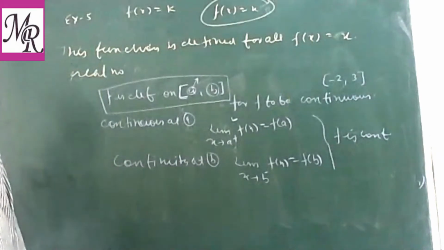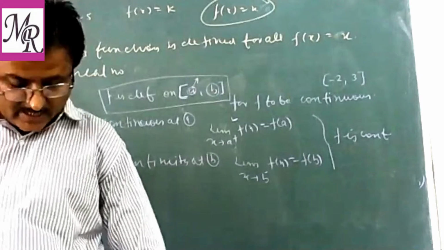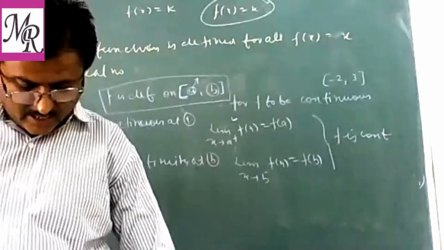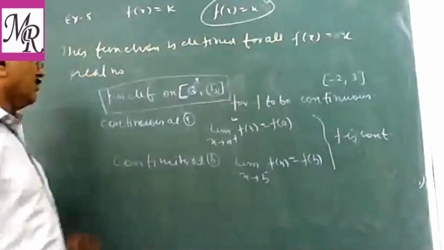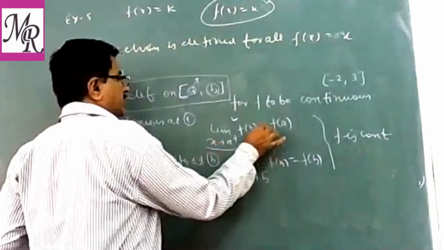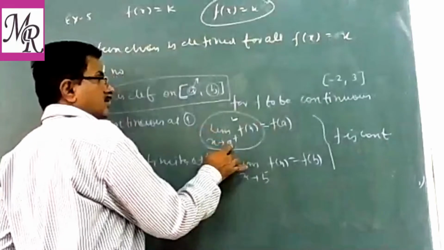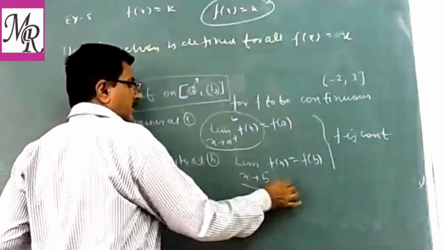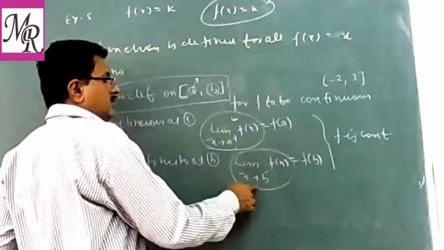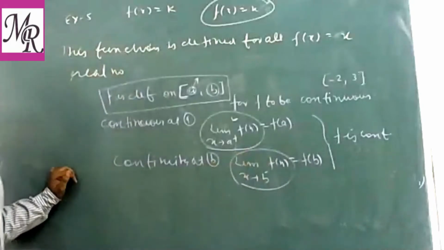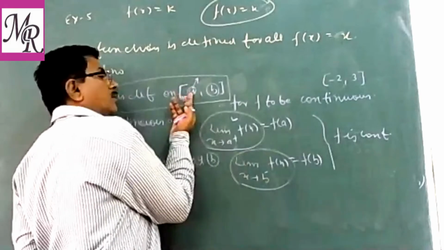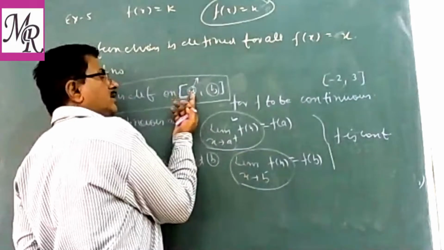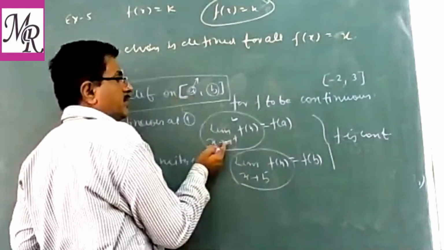Clear? So we observe that the left hand limit at A and right hand limit at B do not make sense here. Why? Because we are not given any value which is less than A. A से छोटी वैल्यू नहीं है, इसलिए हम लेफ्ट हैंड लेके नहीं निकालेंगे.